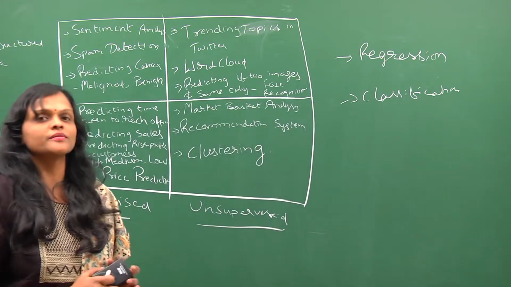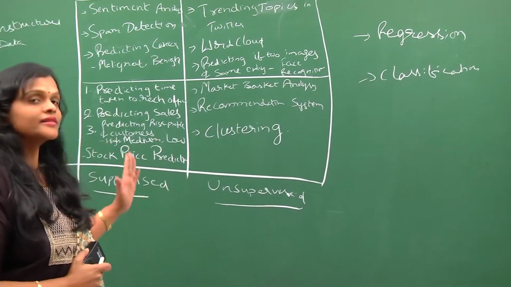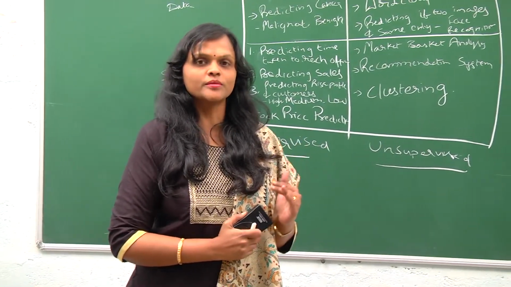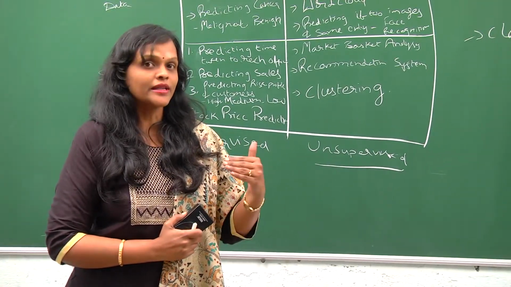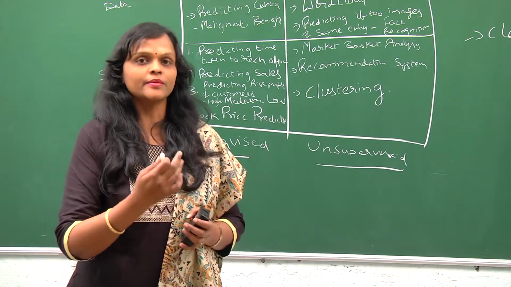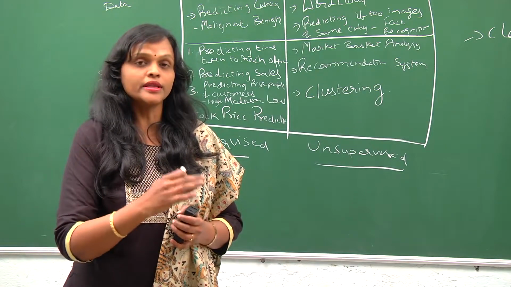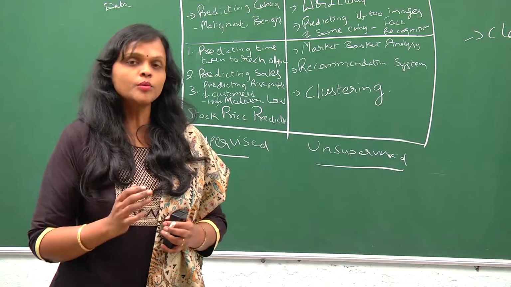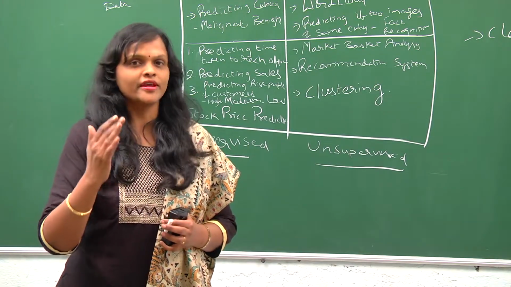In regression algorithms, the target value you are going to predict is a continuous variable. When I say continuous variable, it is a numeric value. The value can change as it goes by. It can be a decimal value, it can be incremented. It can be any value in the form of a number. Whereas in classification, the output or target value is a predefined value.